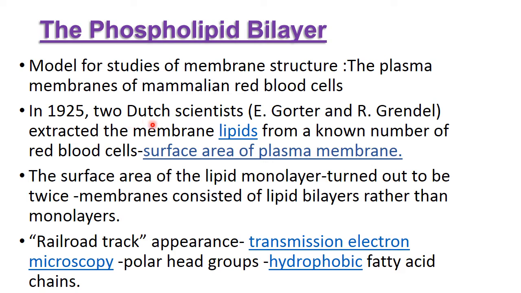In 1925, two Dutch scientists, E. Gorter and R. Grendel, extracted the membrane lipids from a known number of red blood cells and identified the surface area of the plasma membrane, which consists of a monolayer of lipid.